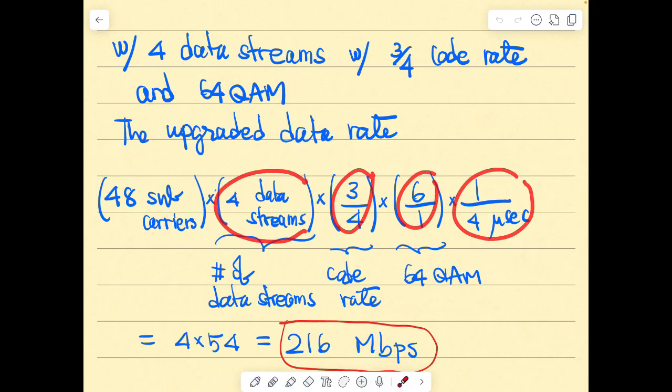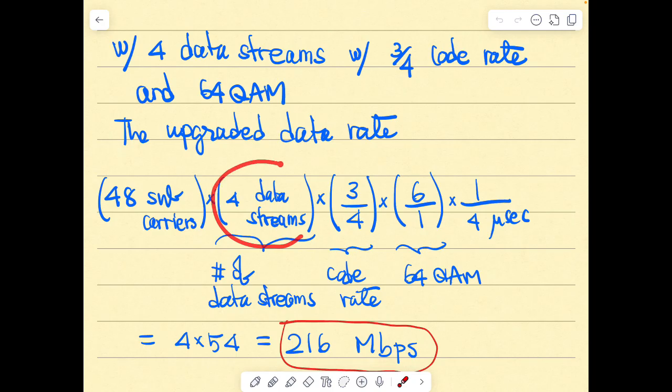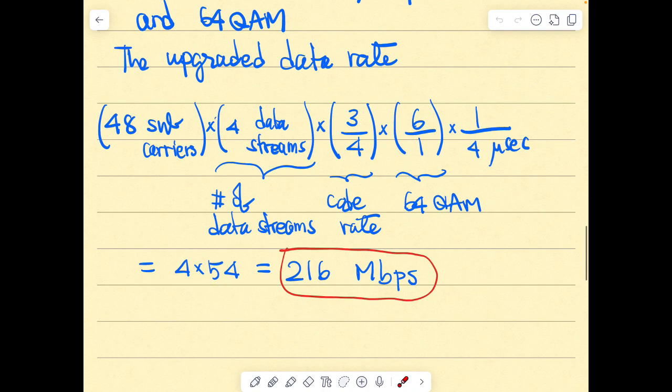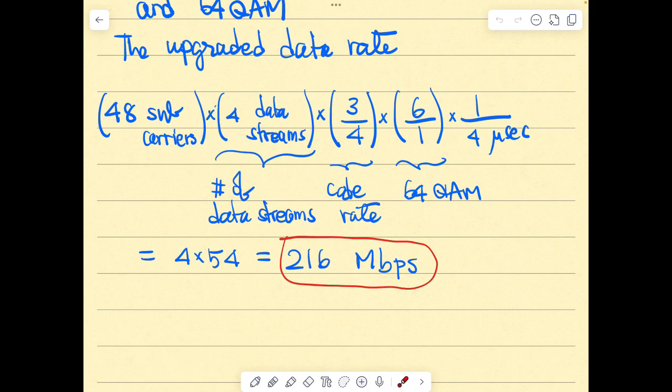But now we have a factor of 4 in addition to all the rest of the numbers, which represents the number of data streams from the MIMO configuration. So instead of 54 megabits per second, we increase the rate by 4 times. It becomes 216 megabits per second, for example. And that concludes our video on Wi-Fi data rate.